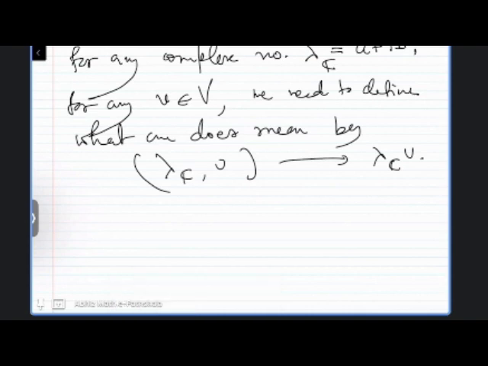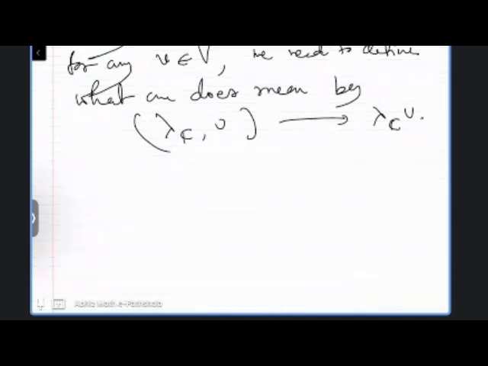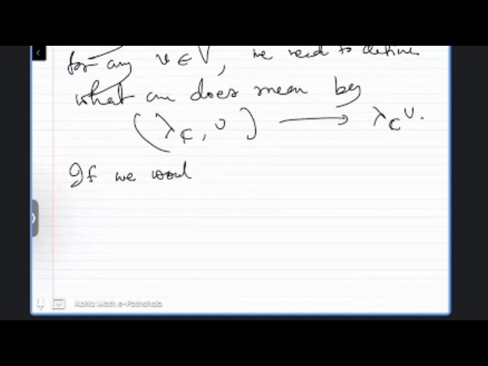So what should we get if we can define this scalar multiplication over C?